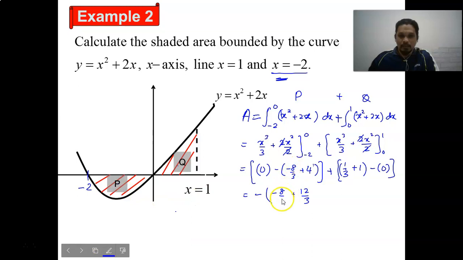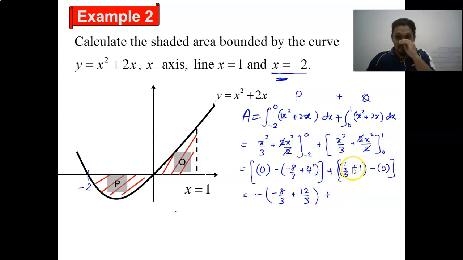Okay, -8/3, and then 4 times 3 is 12/3, plus this one, 1/3 plus 1. So 1/3 plus 3/3 is 4/3, minus 0 is 4/3.